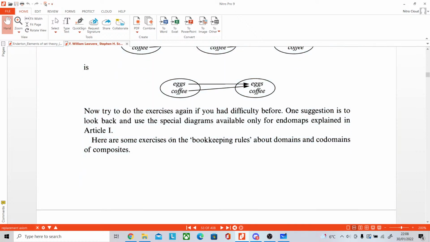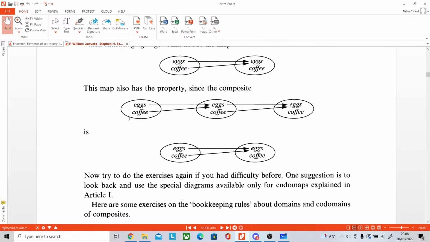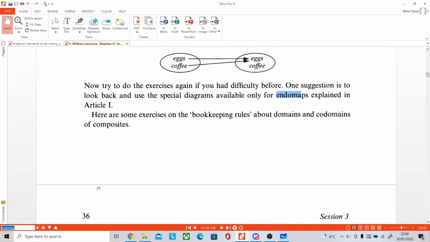So we did the exercises already, so we can just skim through this. One suggestion is to look back and use the special diagrams available only for endomaps explained in Article 1. When did you talk about endomaps? What the hell is an endomap? Did I miss it somehow? Go up.